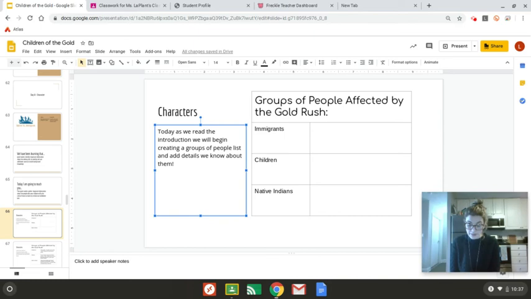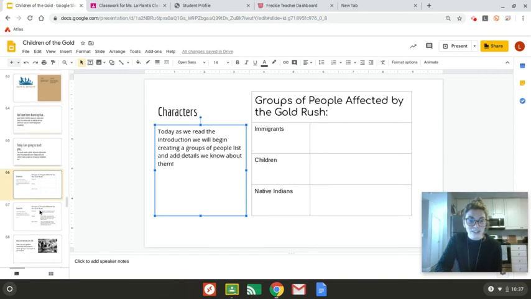Some children had native mothers and white fathers, arrangements that were common and practical early in settlement of the north. As these children grew up, they had to choose between the new world of mining and towns and the traditional native lifestyle of fishing, trapping, and hunting. Sorry about my neighbors, if you could hear that.